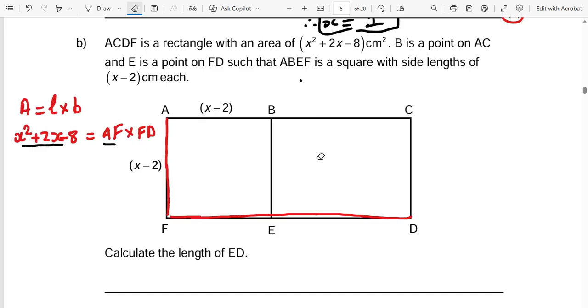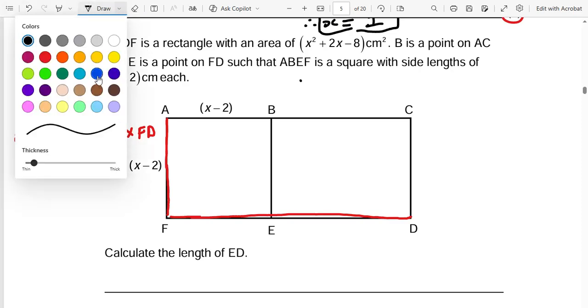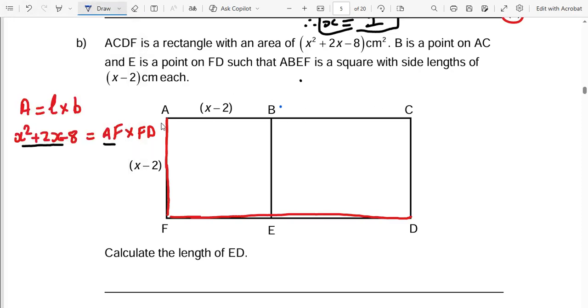So B is a point on AC, we can see that, and E is a point on FD, such that ABEF is a what? It's a square.